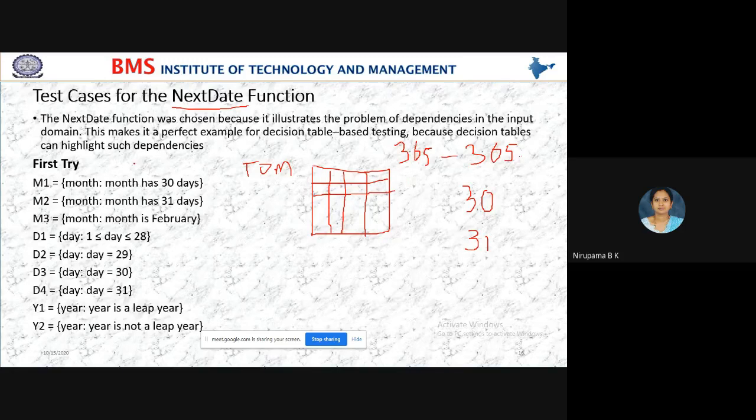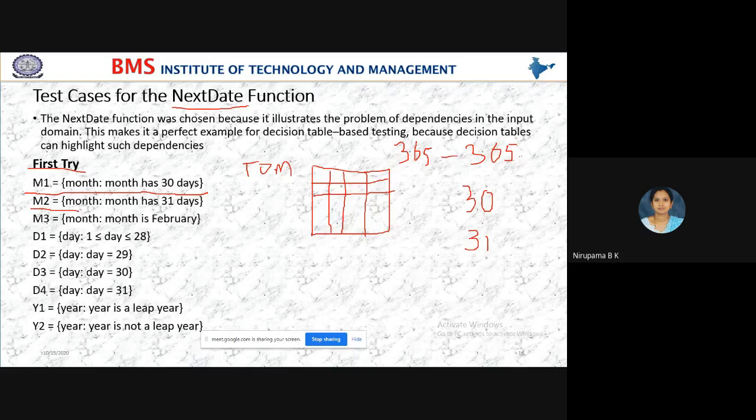And here we have some tries. A try is nothing but, you can take, this is the first case, second case, third case. So this is the first try. In the first try, see the M1 value. M1 value is 30 days. So this condition we have taken for the months which are having 30 days.